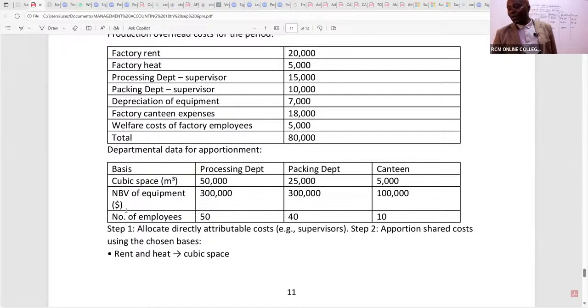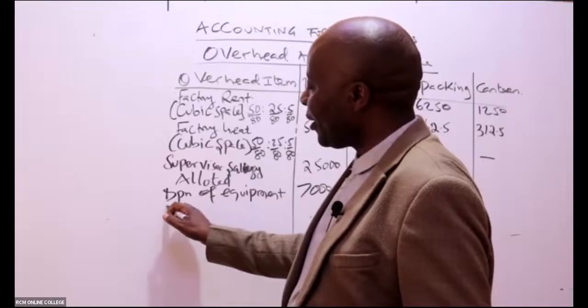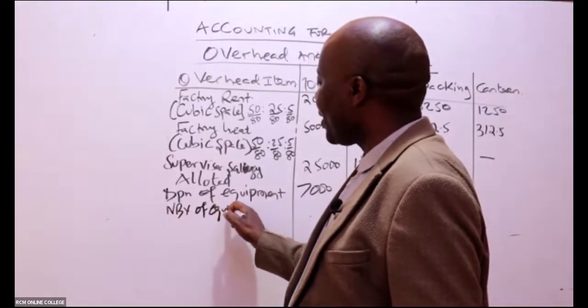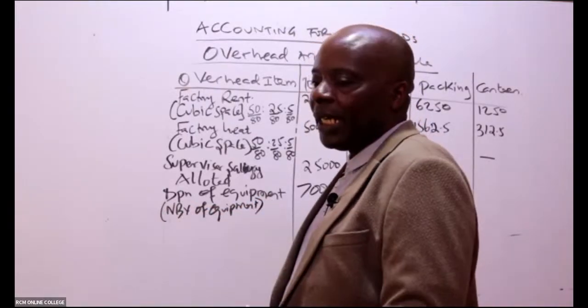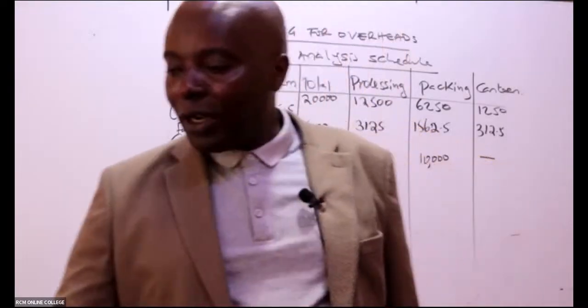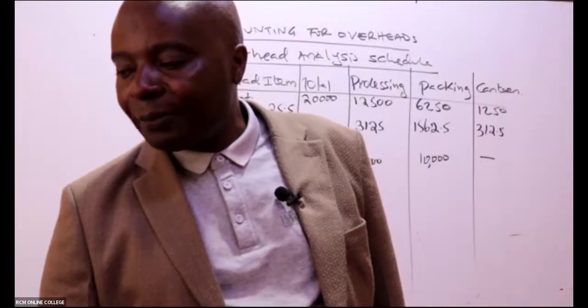So in this case, I'm going to use this basis called the net book value of equipment. Even the name itself will simply tell you that. So this net book value of the equipment, have they given me the numbers that I can now be using?